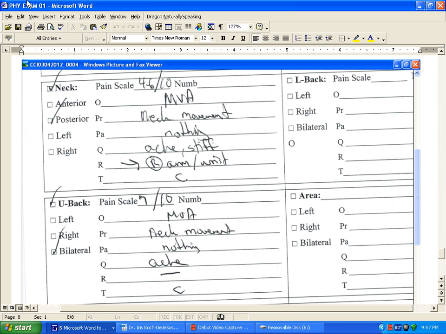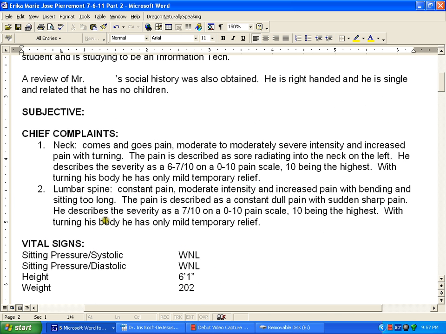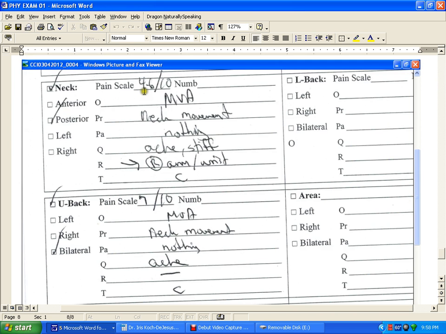I forgot to mention something else. After we put in this part on the Q, then we have to say something else about the intensity. We have to put in, he or she, whatever the case might be, describes the severity as a, and in this case it was a 4 to 6 over 10 severity.